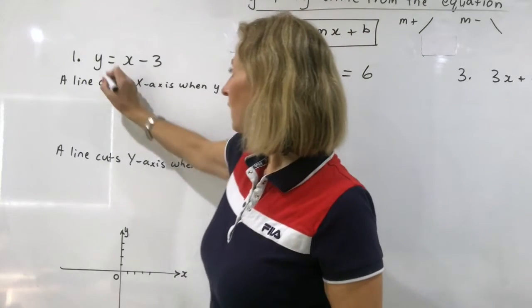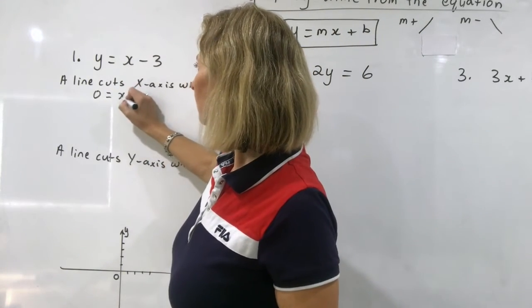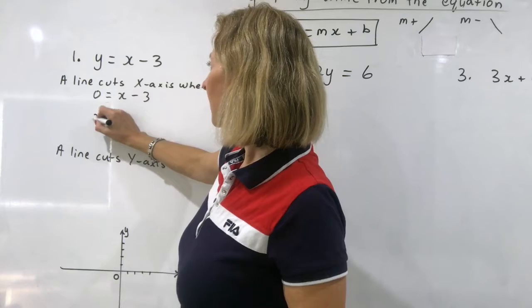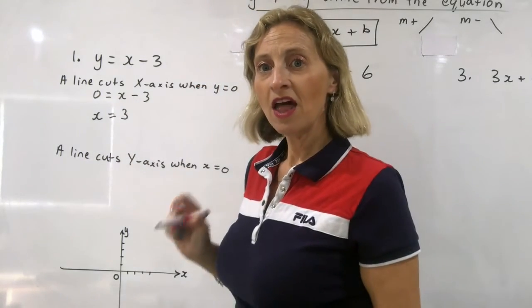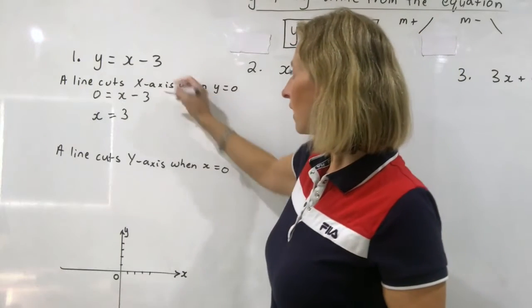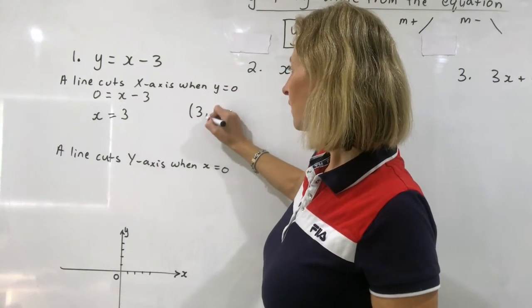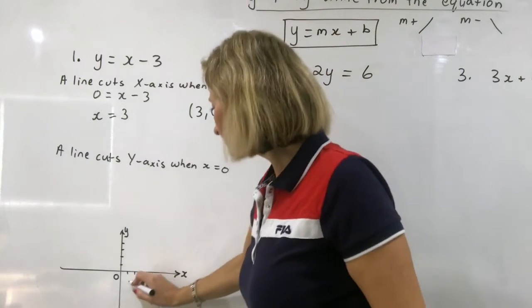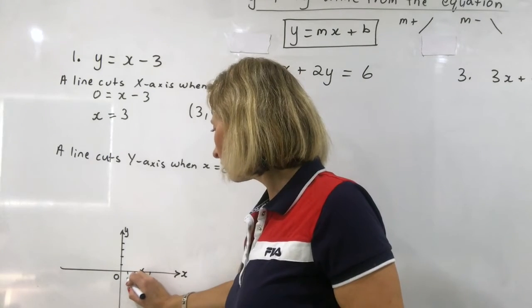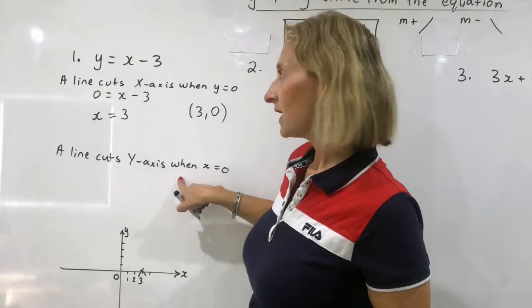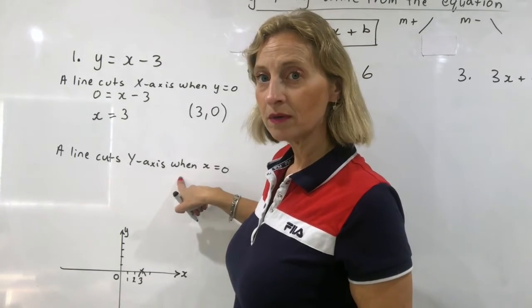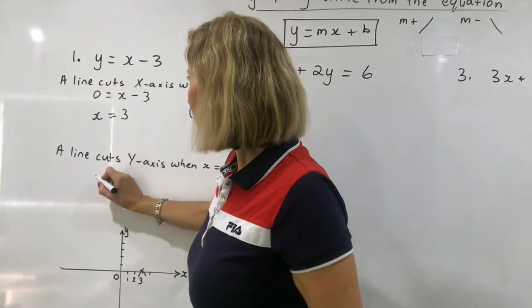If I let y equals 0, I can then solve that, move the 3 to the other side and get x equals 3. That means that I know that this line must go through the point 3, 0, which is over there. 1, 2, 3. If a line cuts the y-axis when x equals 0, then I can let x equal 0.